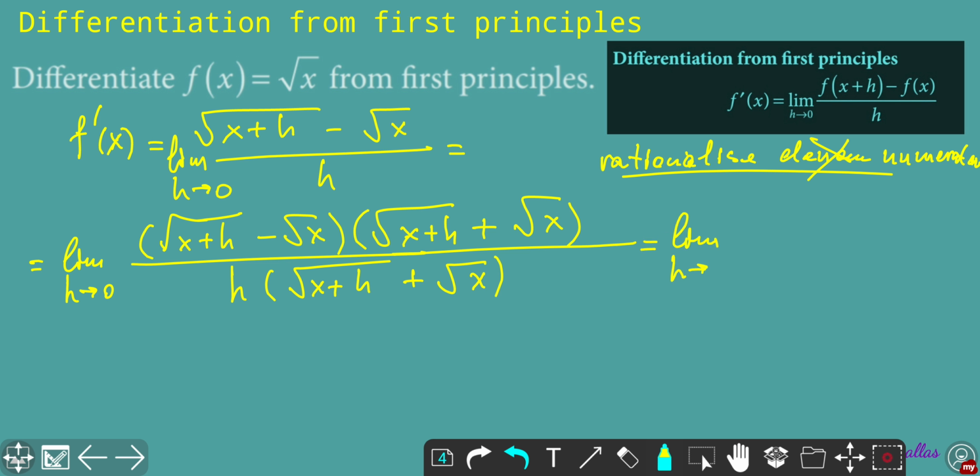All right, so you're taking the limit when h is very close to 0, and now you apply the formula a minus b, a plus b. So finally you'll get x plus h squared. You eliminate that.